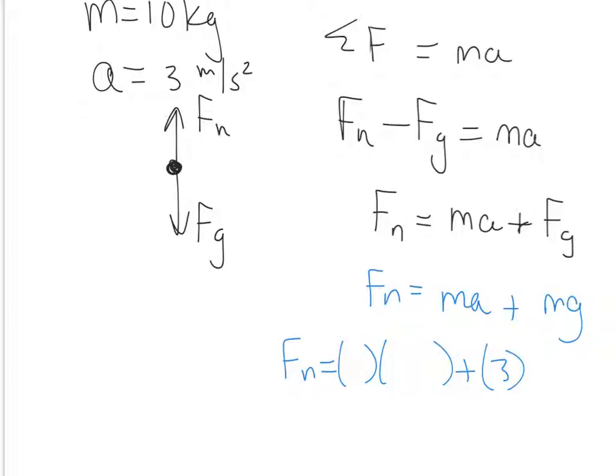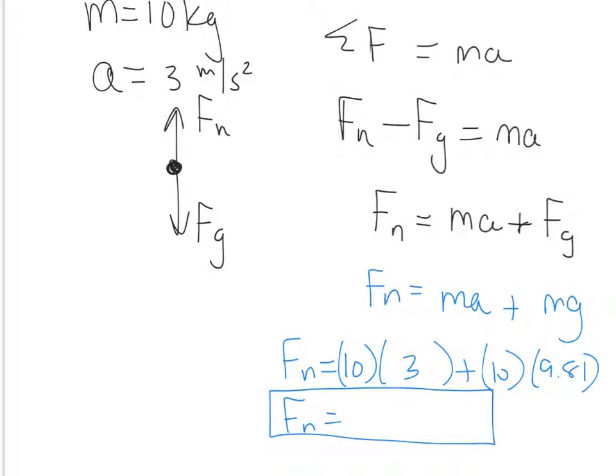Sorry, the mass is not 3. What was the mass? See, you distracted me. What was the mass? 10. And this is for the test. Extra credit for the test. What do you get?